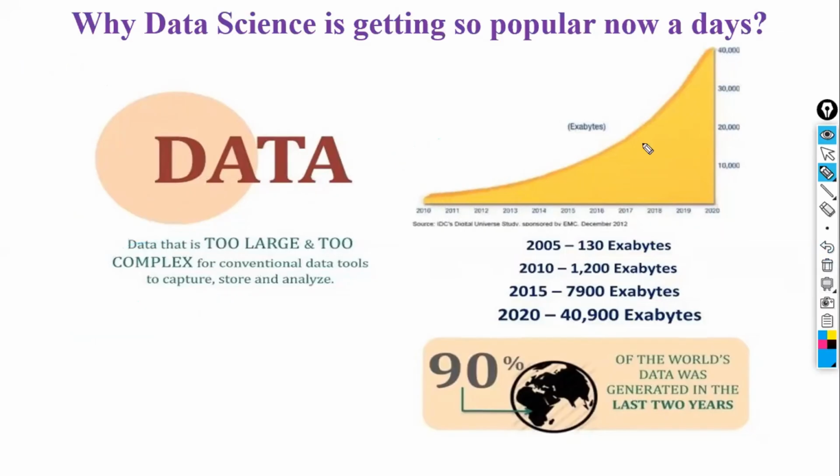Now, a large amount of data is getting generated. 90% of the data was generated only in the last 2 years. From year 0 to 2020, how much data was generated? Only in 2021 and 2022, that much data was generated. 2020 years of data was generated in just 2 years.